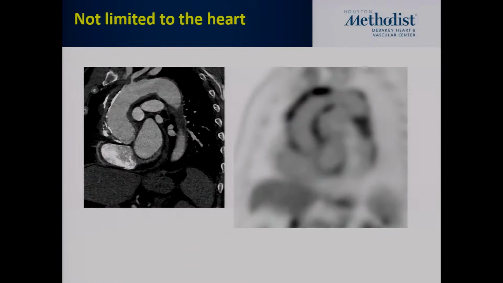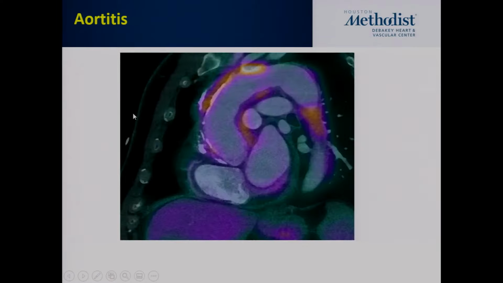We can also do it for aortitis. This is a patient who had significant aortitis that has been on and off, and PET can also be used to guide titration of therapy. When we do fusion imaging, you can see this area is the hottest area. The areas that are calcified are the least inflamed here.